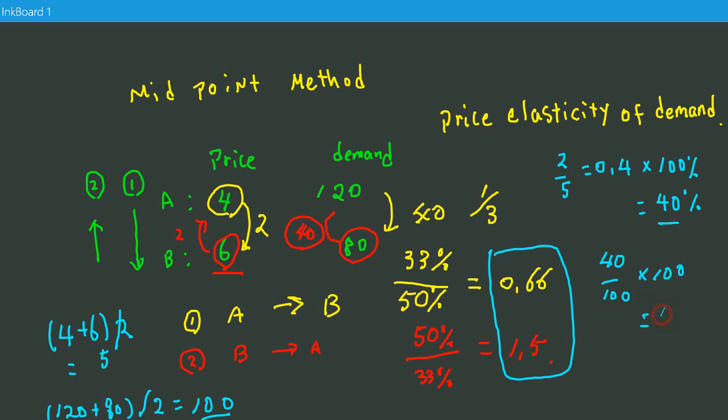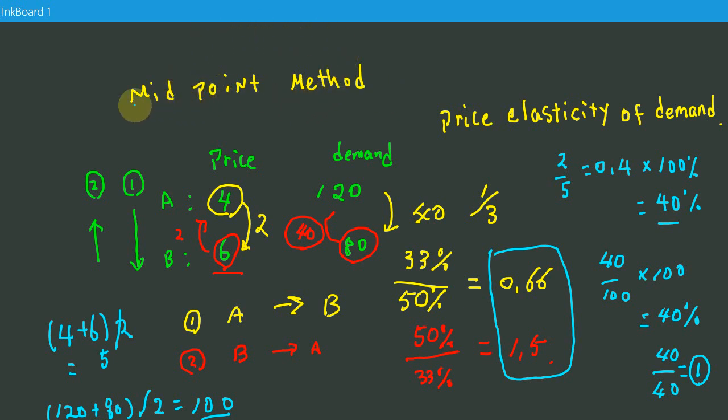This is 40%. Then 40% divided by 40%, the elasticity is 1. Okay, so this is the result using the midpoint method.